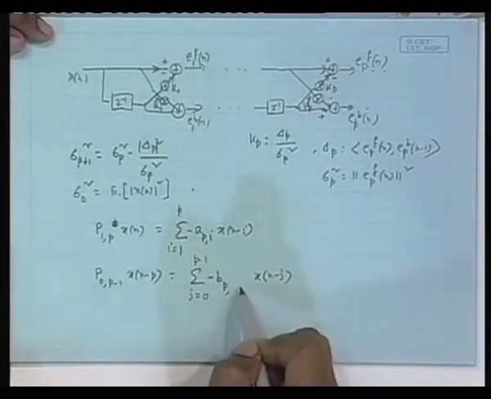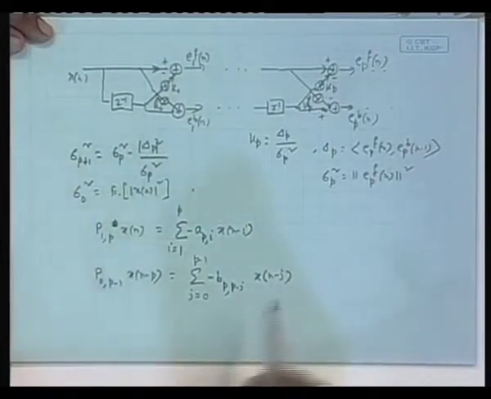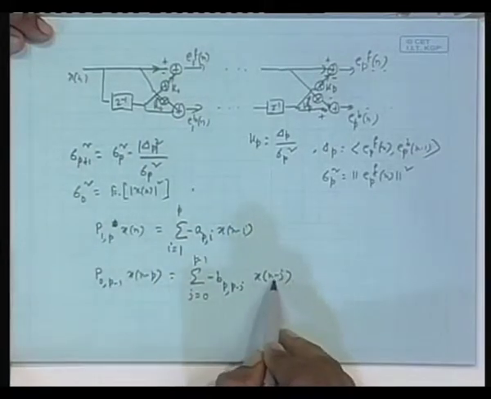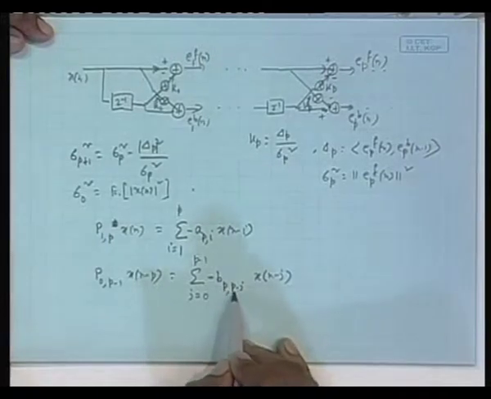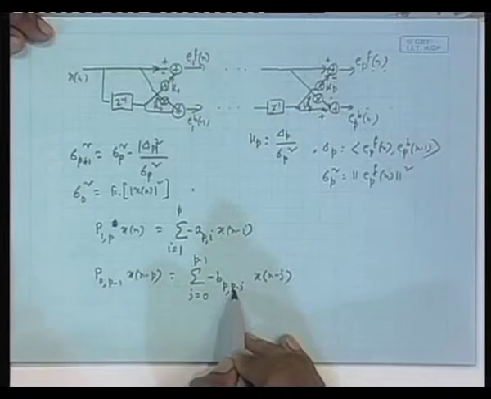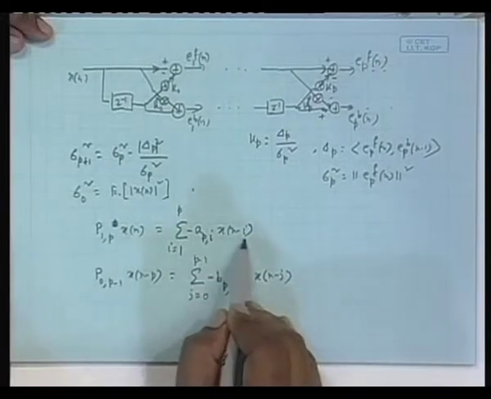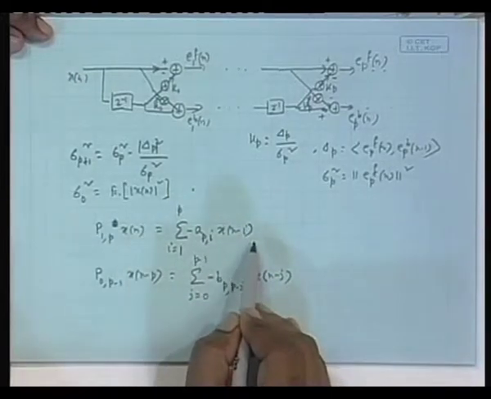Instead of having second index as j, I will call it p minus j. I am just naming it this way. When j equal to 0, that is x n, this should be called b p p. When j equal to 1, x n minus 1, this should be called b p p minus 1. Unlike here, a p 1 for x n minus 1, a p 2 for x n minus 2, a p 3 for x n minus 3.